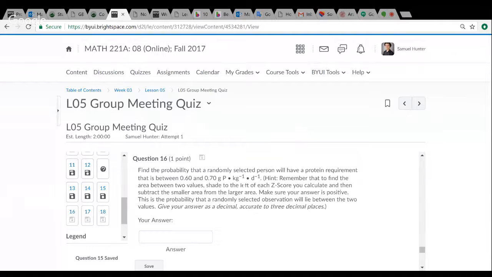Between, shade to the left of each Z-score, you calculate this, and subtract the smaller from the larger. Oh yeah, so you just take the smaller number from the bigger number, and it equals out to what the answer is. So you do it twice. You start with the 0.60 and find it, and then you do it again for the 0.70? Yeah.